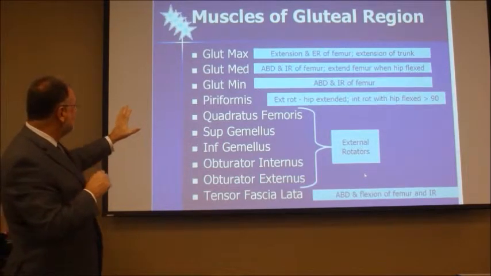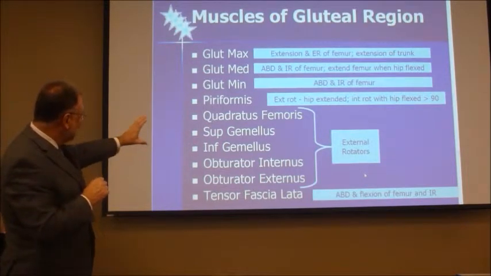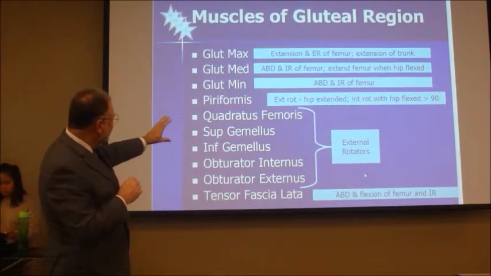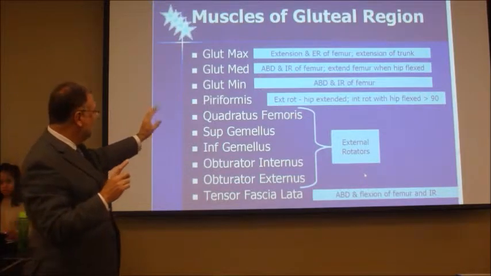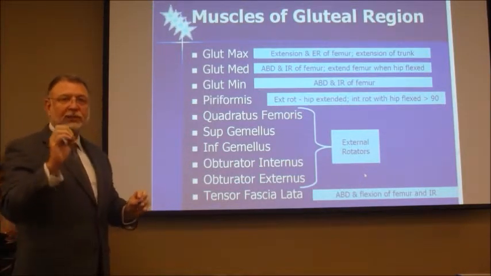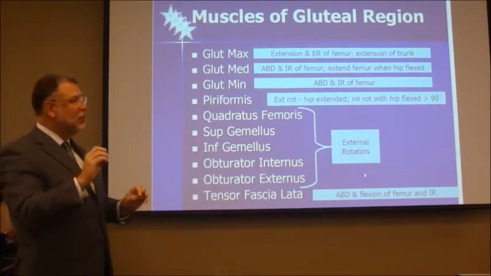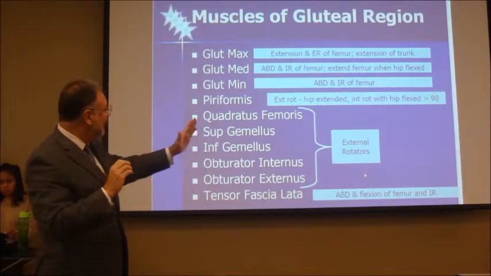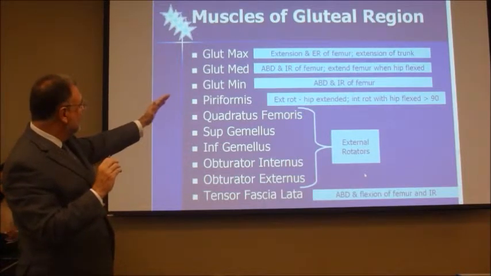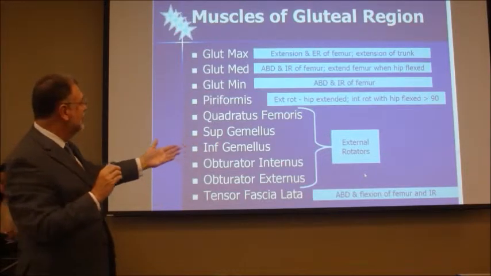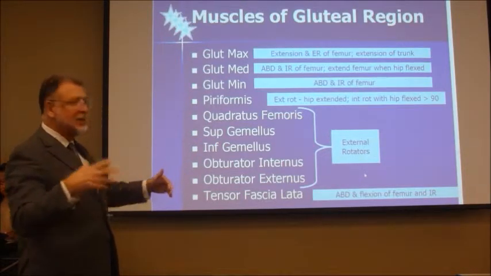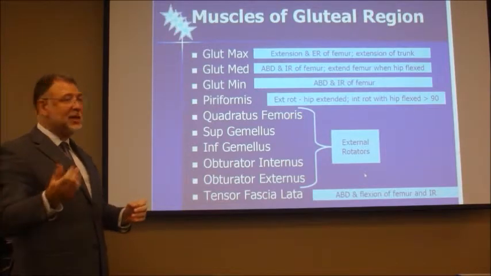Otherwise, the piriformis, as well as the other external rotators, are included for external rotation. The piriformis is not the sole external rotator, but also extends the hip, like the gluteus maximus, and is also an internal rotator like the gluteus medius, minimus and tensor fasciae lata, but that is when the hip is flexed 90 degrees.